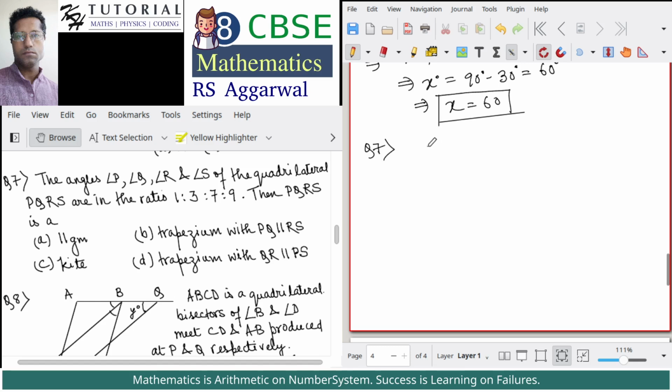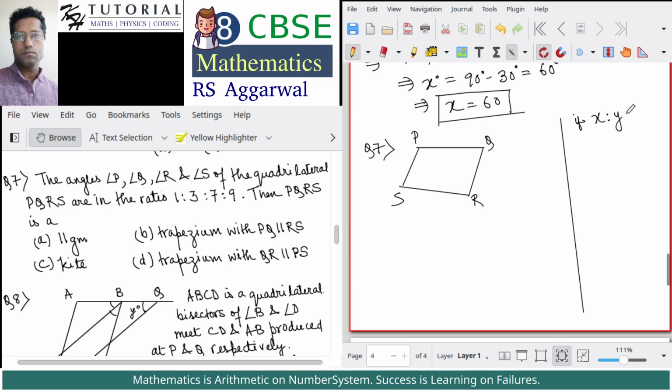Let's say I am roughly drawing a quadrilateral PQRS. Now, there is a concept from ratio and proportion: let's say x and y are two quantities.